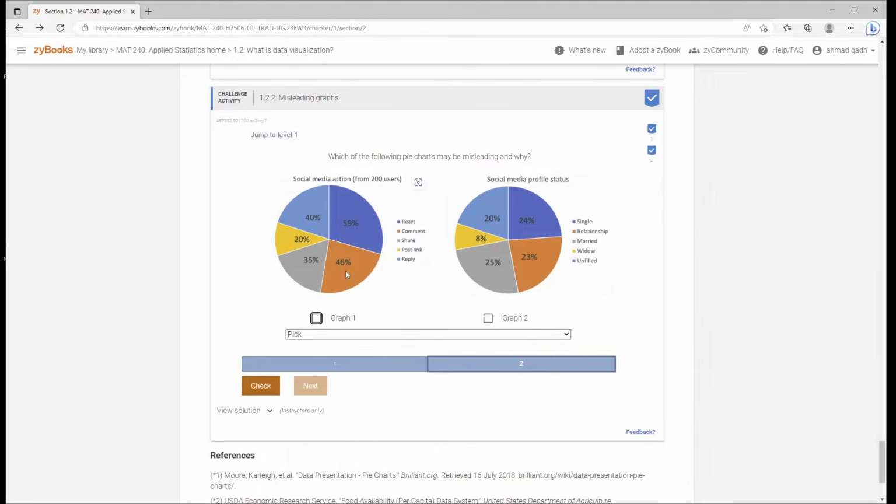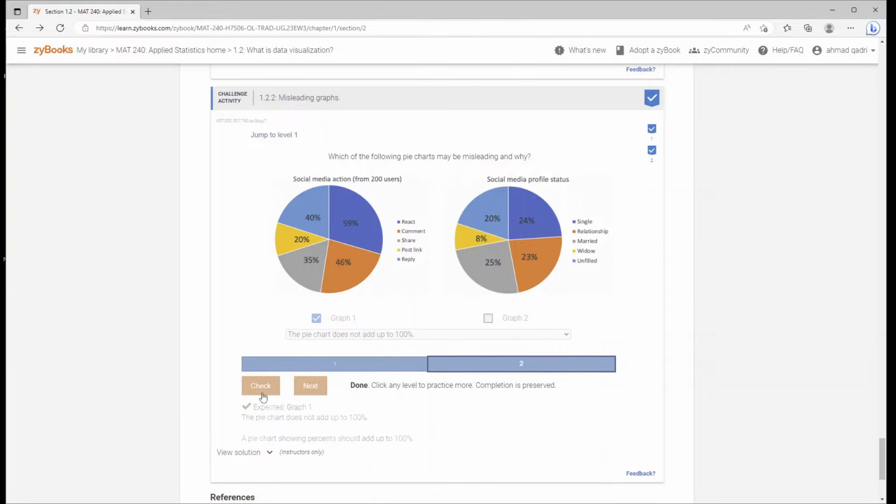Now the problem with this pie chart is that the percentages are not adding up to 100, whereas this here adds up to 100. So this is the misleading chart. So I'm going to select graph 1, and from the drop-down we can see that one of the options is the pie chart does not add up to 100%. So I will select this and hit check, and that is the correct response.